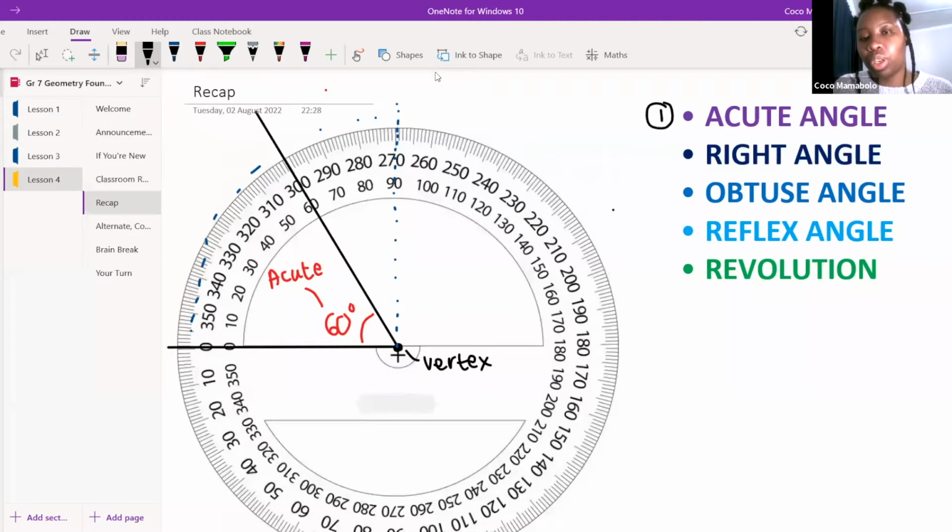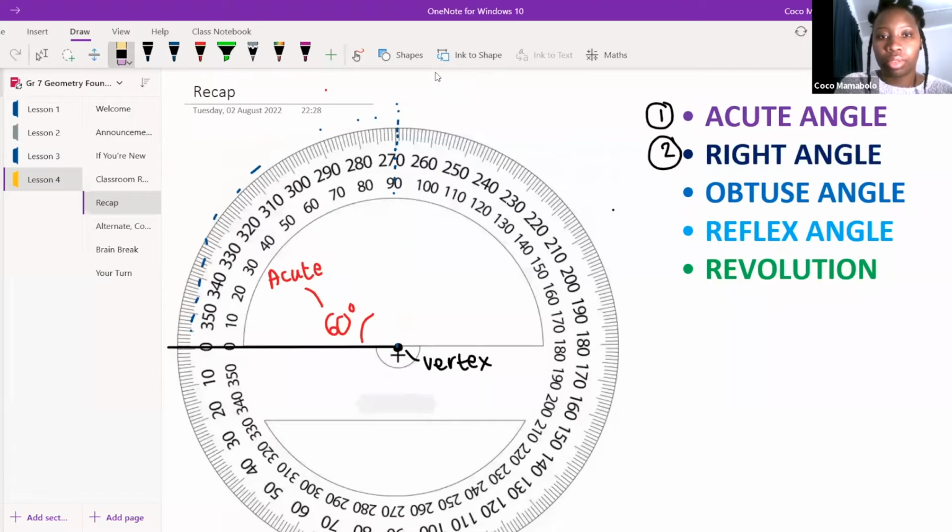Can you tell me, where do I draw a right angle? How would I possibly draw a right angle? Miss, you draw a right angle from the vertex, your first line at 0 and the second line at 90 degrees. Excellent. At 90 degrees. So I'm going to draw it like that. Okay, it's 90 degrees. There we go.